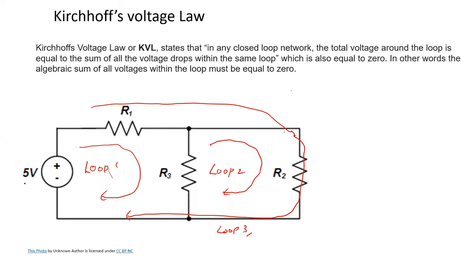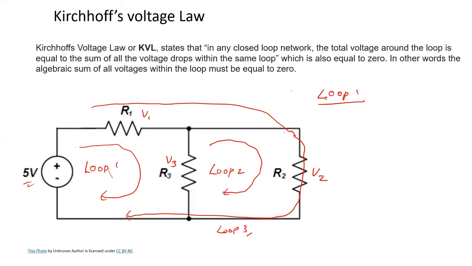So like I have here 5 volts. Let's say V1 is the voltage drop across R1, V2 is the voltage drop across R2, and V3 is the voltage drop across R3. So in loop 1, my equation is, how will I write? First thing is we have to give the polarities.